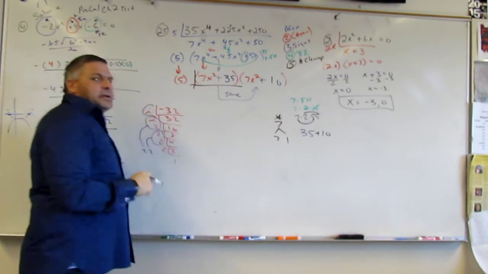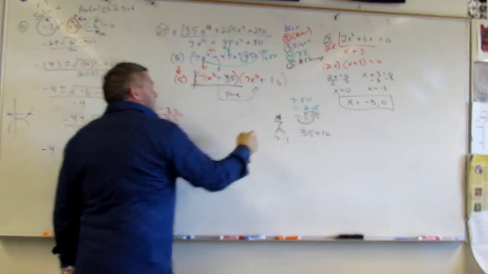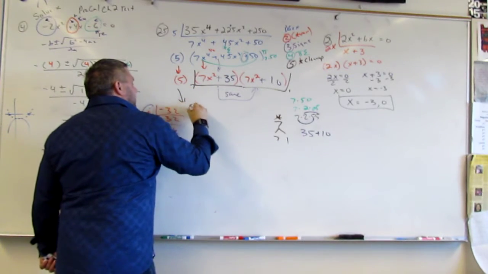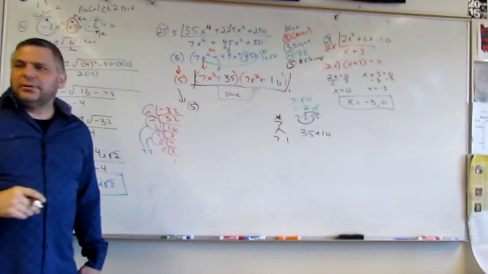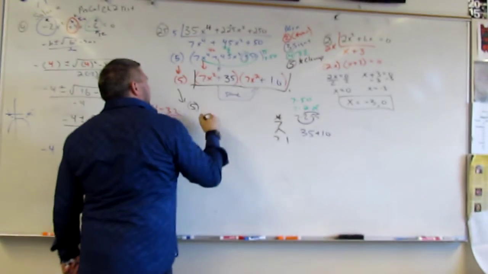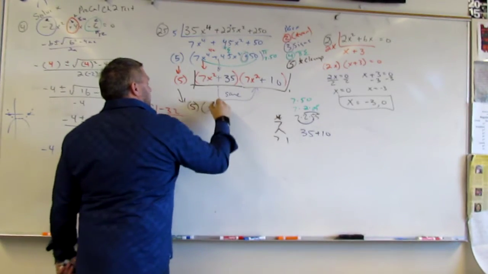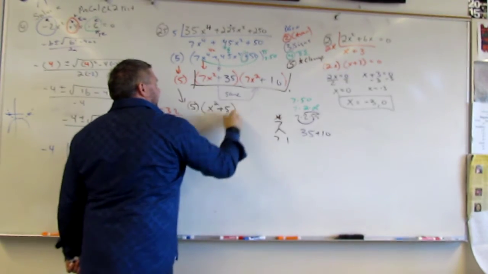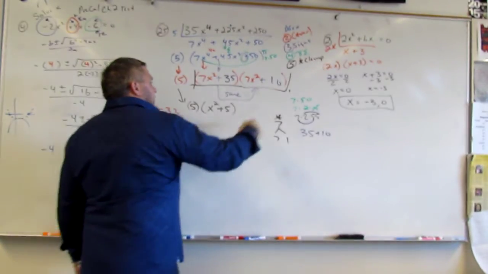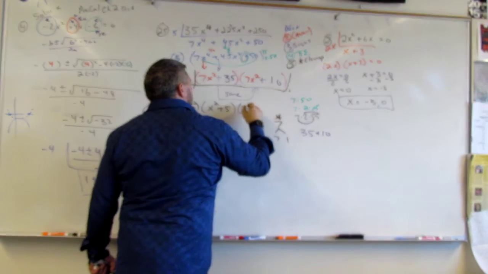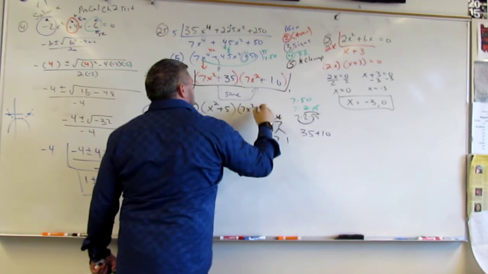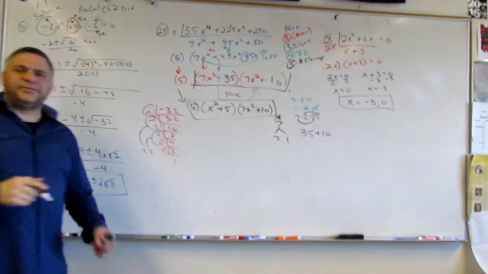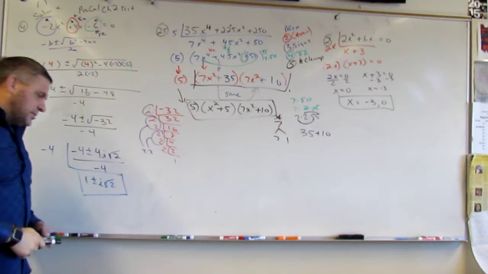That first one, right? The 5 is still there, so we still have the 5. How many times does 7 go into 7? Once. How many times does 7 go into 35? 5. And 1 goes into 7, and 1 goes into 10. And that's it. That's factoring on the big scale.